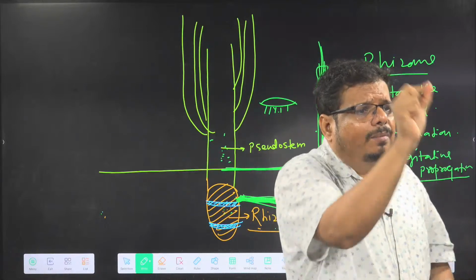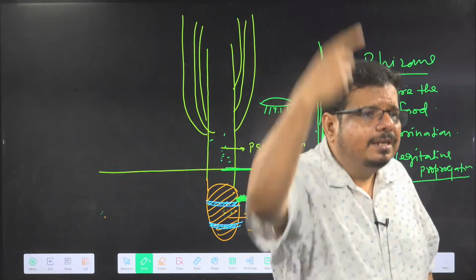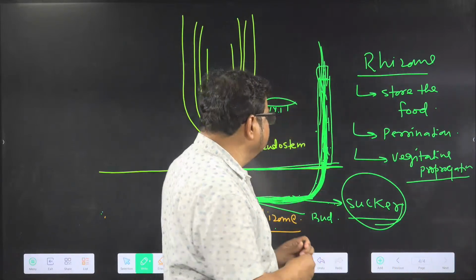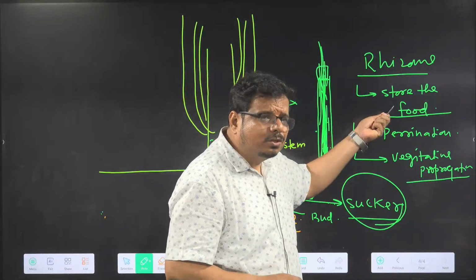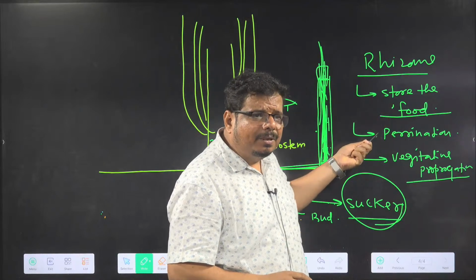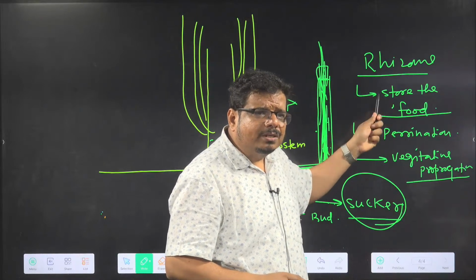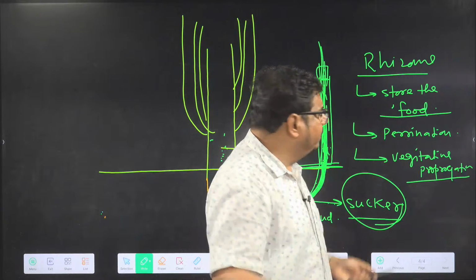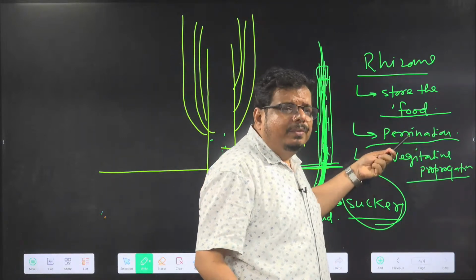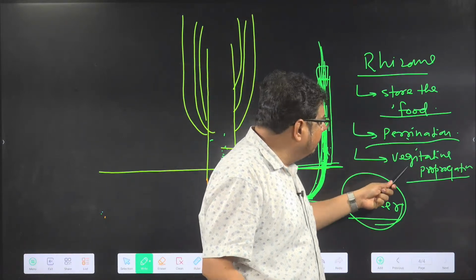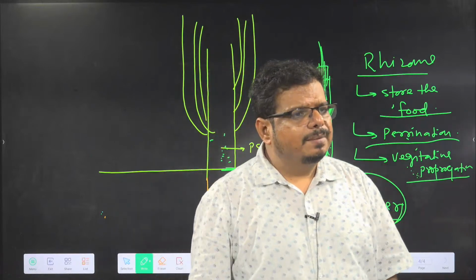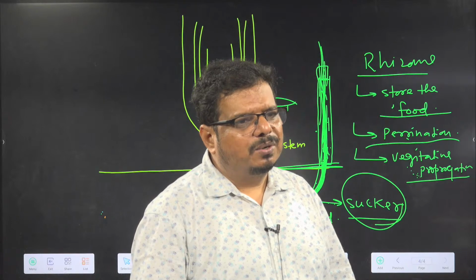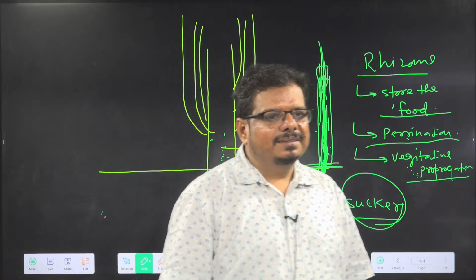Stem, no, and from the bud of that stem, new ginger arises, no. So you are eating ginger, means what is stored here? Food is stored. This food is not stored for you. This ginger stem food is stored to pass the unfavorable condition, so that when good conditions come, I will make a new ginger plant. By which process? Vegetative propagation. Picture came or not? Understanding came or not? Clarity came or not? Getting the idea?